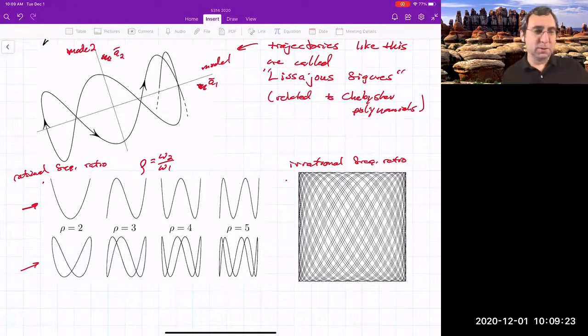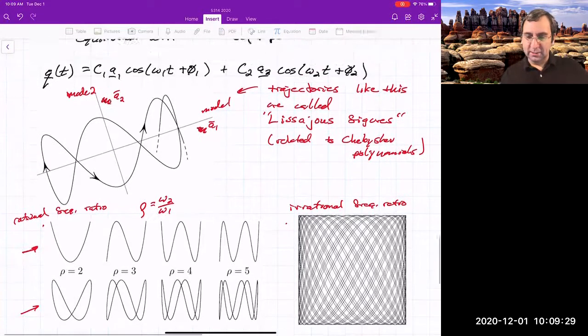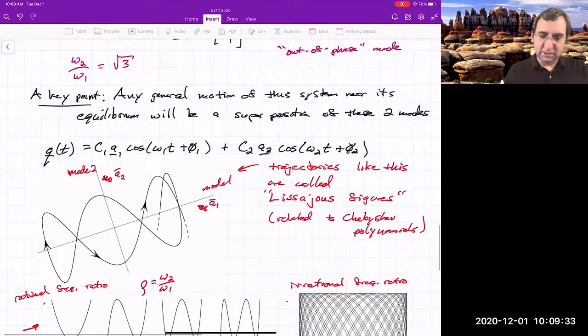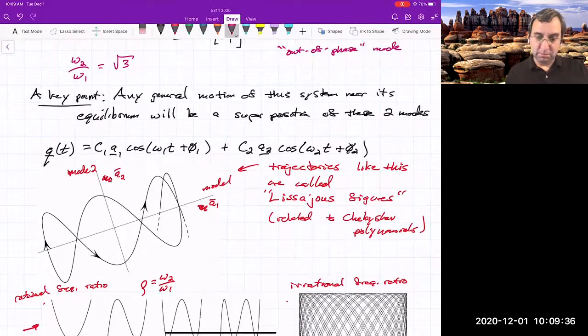You could have Lissajous figures in n dimensions. In fact, this idea of Lissajous figures and the superposition, this is true in n dimensions.